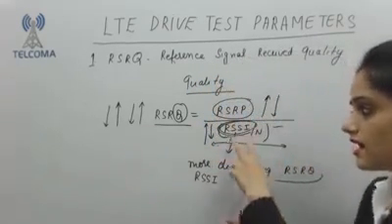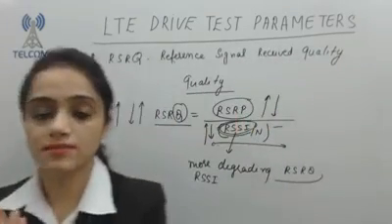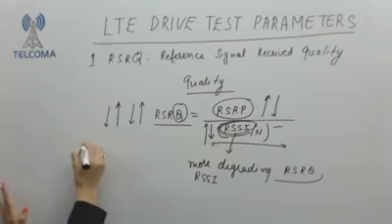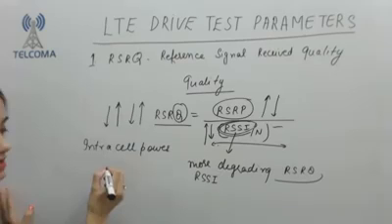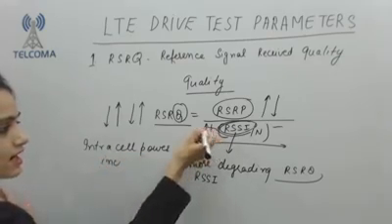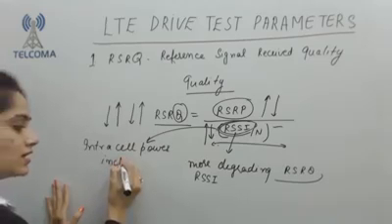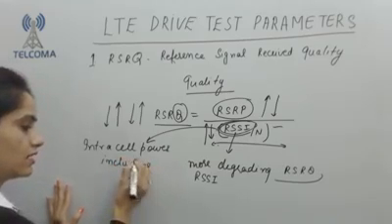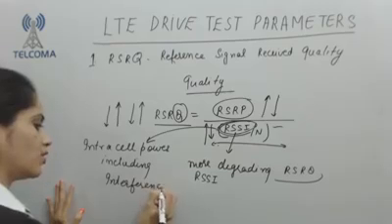Now RSSI is related to intracell power, and it includes interference and noise.